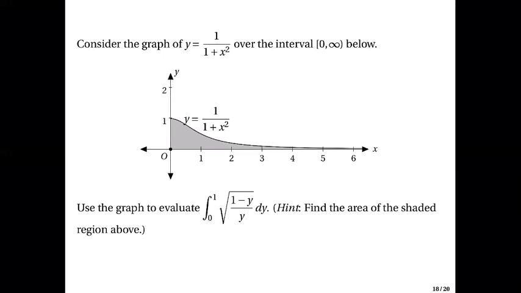Now look at this. If you do this, actually you will not be able to do this using the techniques of integration that we know. So we will be using this graph here.